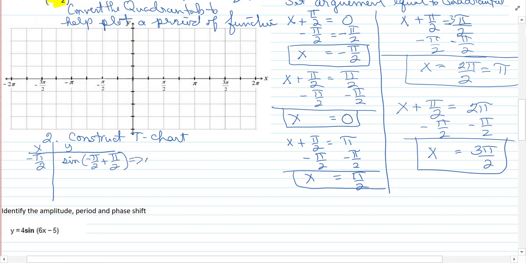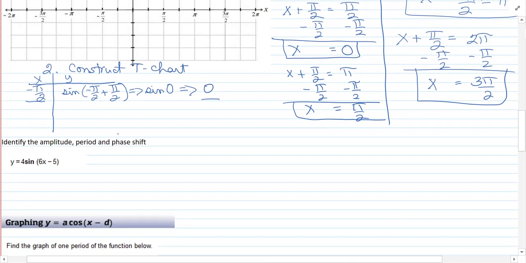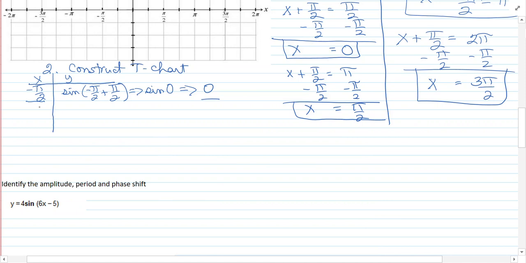So we're going to have sine of 0, which is 0. So negative pi halves, 0. Then we're going to have 0. So sine of 0 plus pi halves is sine pi halves, which is 1.